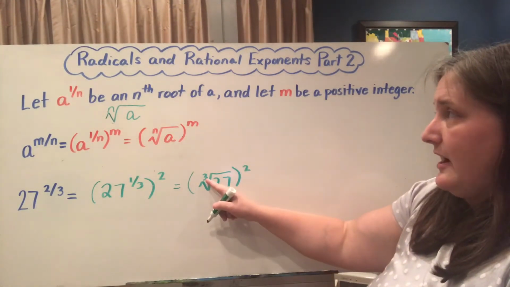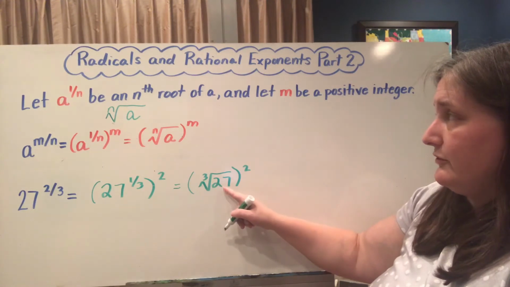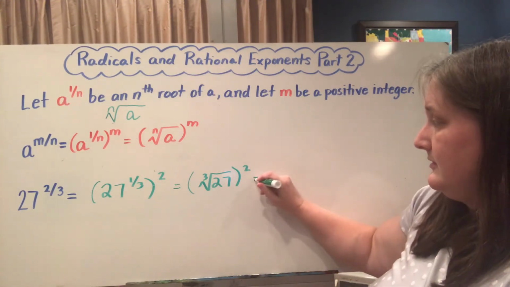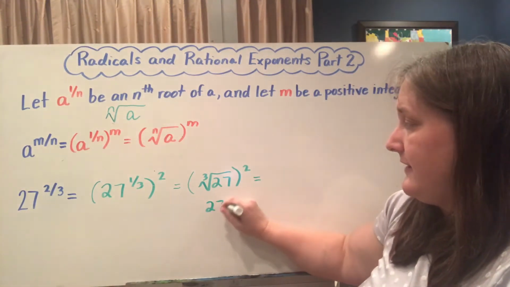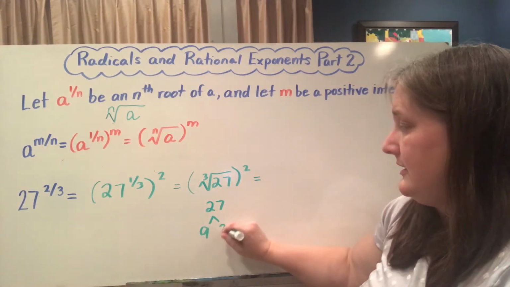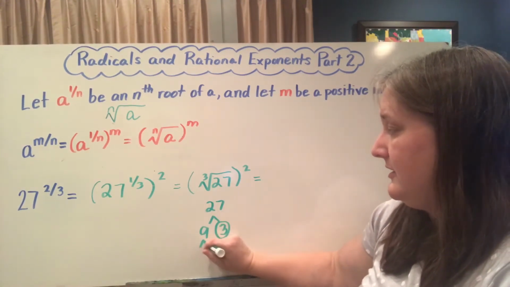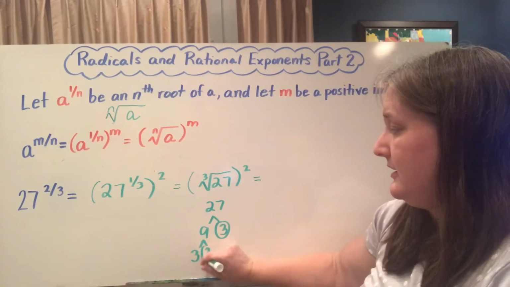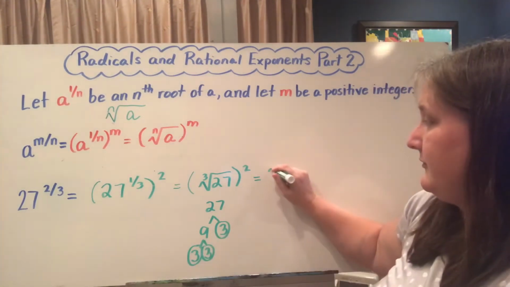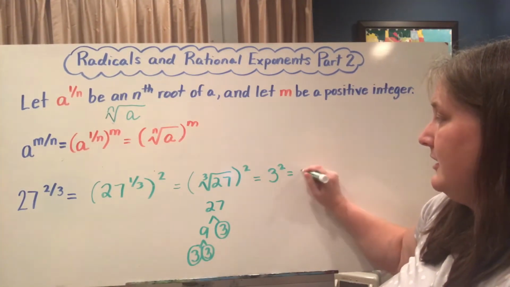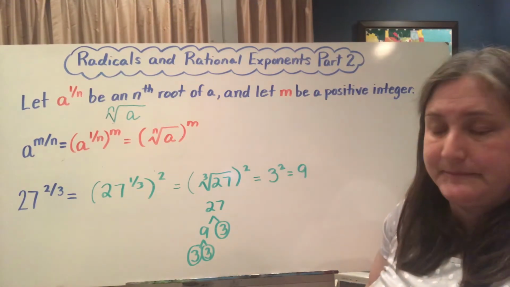Now, if I'm trying to find the 3rd root of 27, I can make my factor tree, and 9 times 3 gives me 27, and 3 times 3 gives me 9, so my answer there is 3. So now I have 3 to the 2nd power, which is 9.